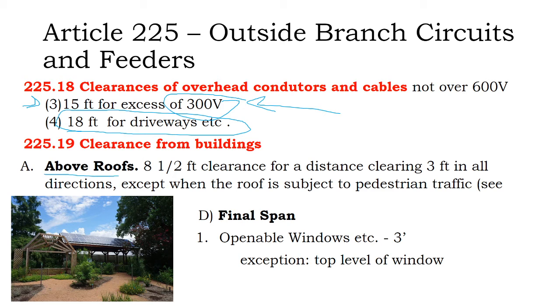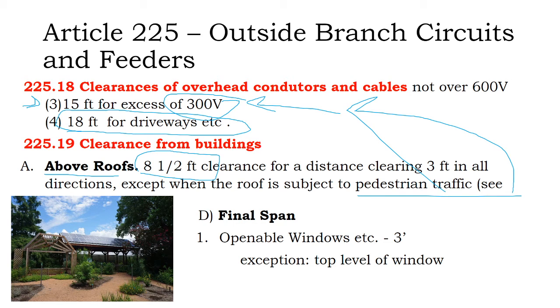Above rooftops, your overhead conductors have to be 8.5 feet, but that's assuming that there are no pedestrians underneath, such as on a rooftop deck, which gets you back into this substantially elevated platform. So I really like solar pergolas in that concept and the way they look, but I fear they have to be much taller than what many installers build, at a 6 to 6.5 foot clearance.